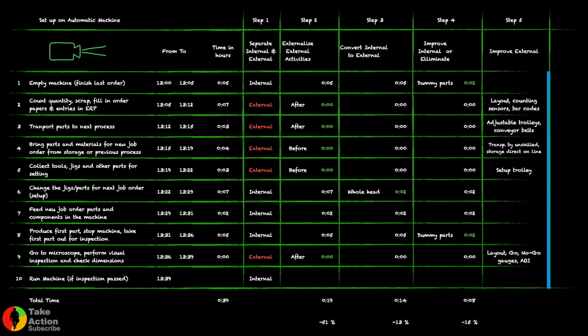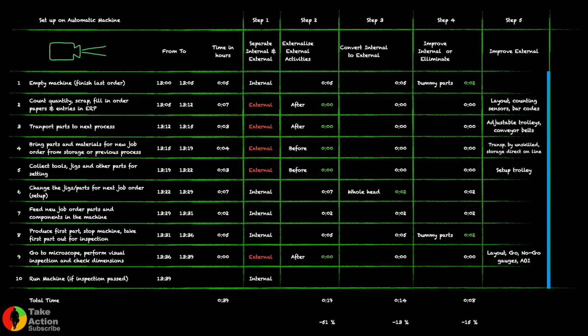Step number 5 is to improve the external activities. So we are not reducing the setup time, but we are trying to reduce the non-value adding activities, or we are trying to reduce the waste in the production and save the time of the operator. Activity number 2 is to count the quantity, print out papers, fill the papers, and then go to the computer and do the entries in the ERP system.